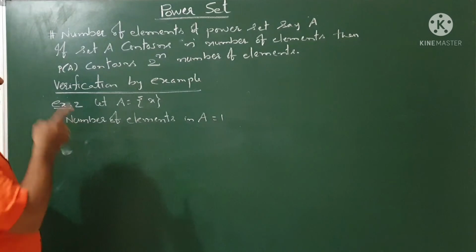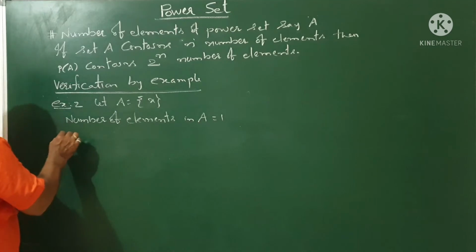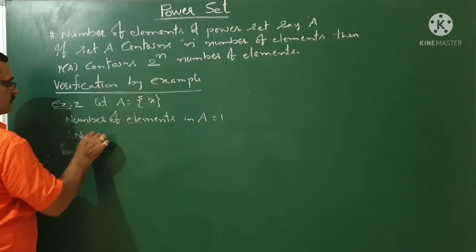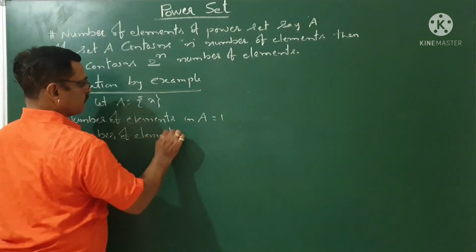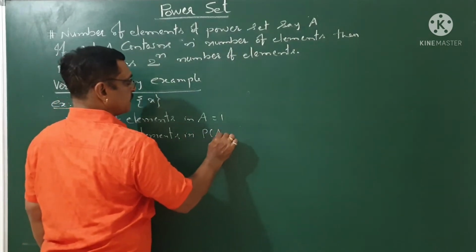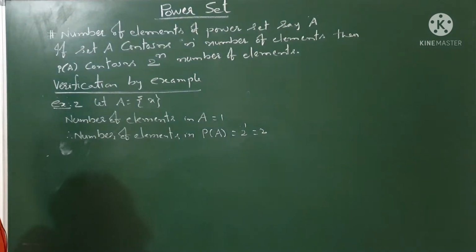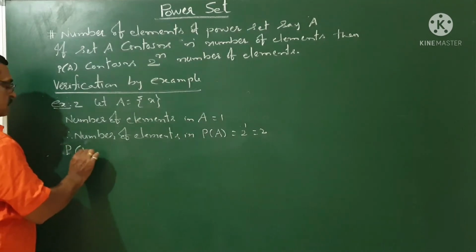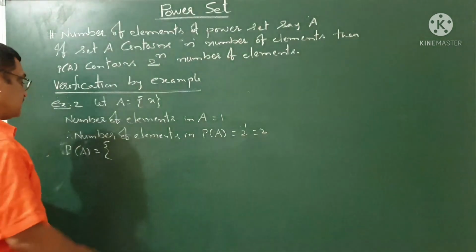As per theory, my power set must contain 2 power 1, that means 2 elements. Therefore, the number of elements in P of A as per the rule is 2 power 1 equal to 2. So theoretically, yes, we need to have 2 subsets of A. Now let me find the subsets of A here. So here I am writing P of A. As usual, the empty set is a subset of A, therefore one set.